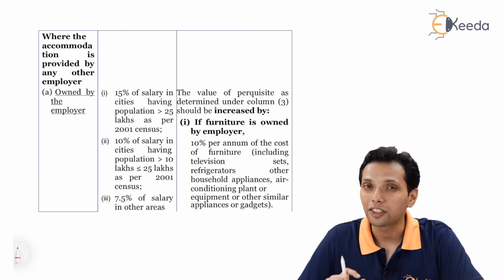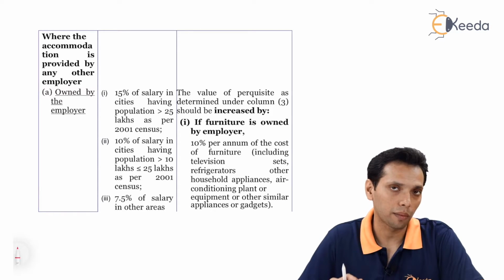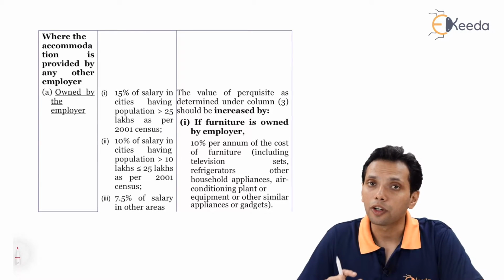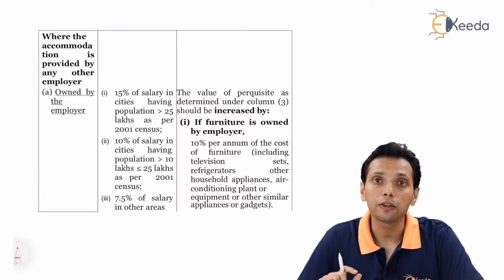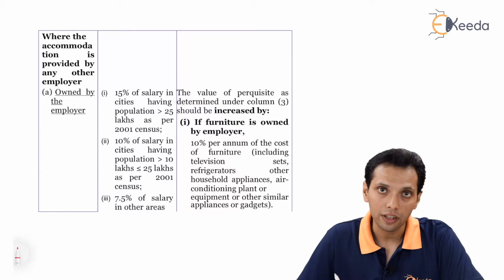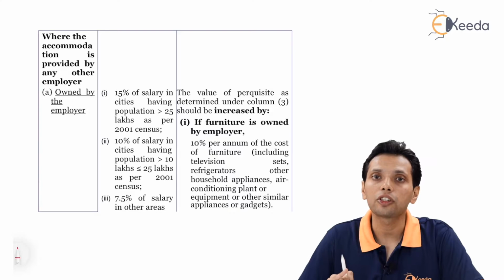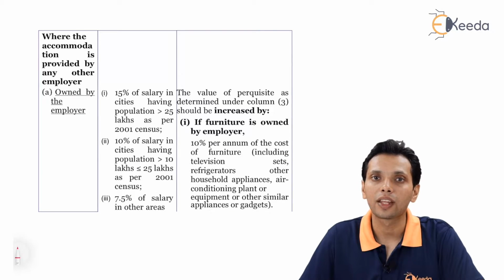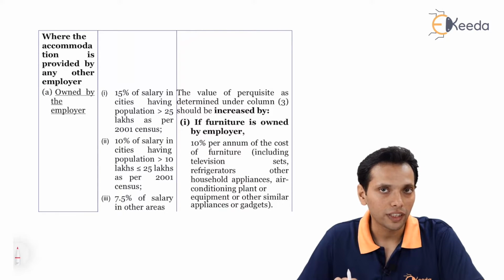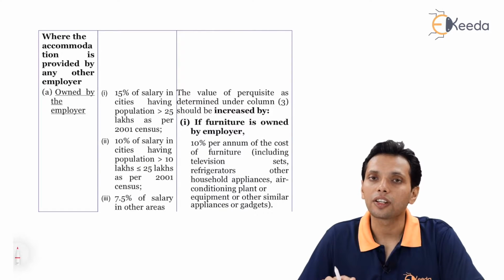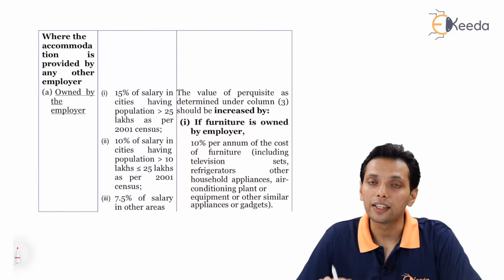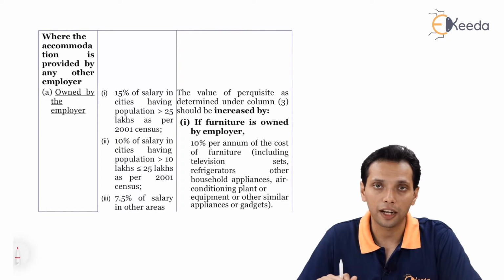For the unfurnished accommodation first, the perquisite value as per rule 3 would be 15% of the salary, where the population of the city exceeds 25 lakhs. 10% of the salary where the population is between 25 lakhs to 10 lakhs. 7.5% where the population is less than 10 lakhs.